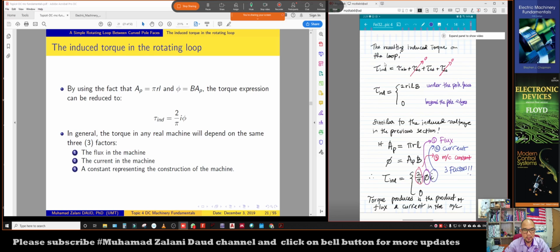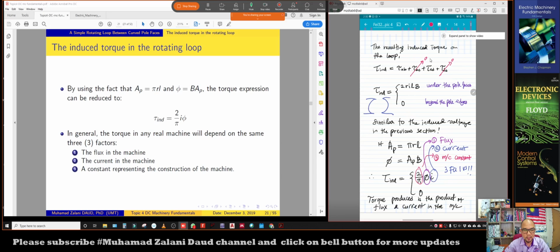We sum them up as tau, and we get 2rILB. Under the pole faces, the torque is in the counterclockwise direction.